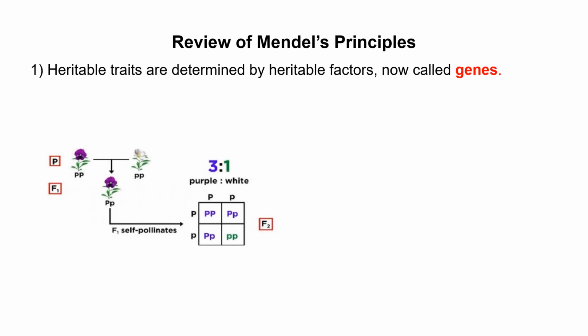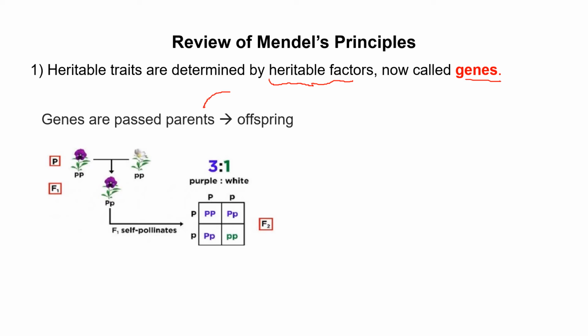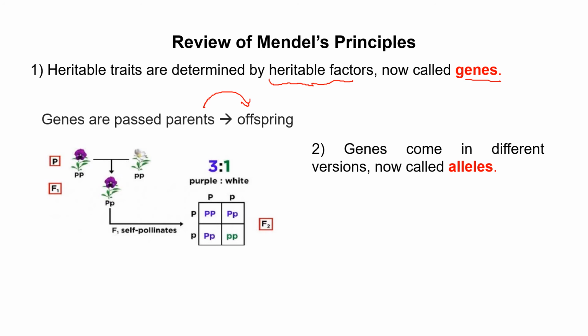So I wanted you to remember that Mendel didn't know what a chromosome or DNA was. He talked about heritable factors or factors of inheritance, and now we call them genes. That is the first answer, and remember that genes are passed from parents to the offspring.